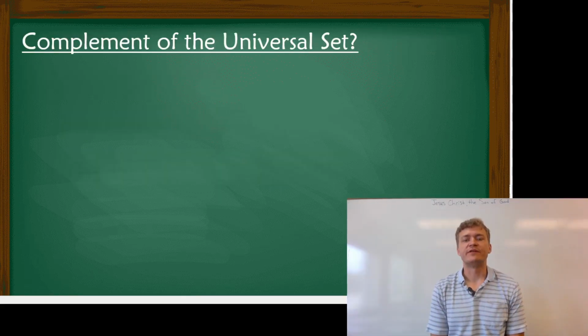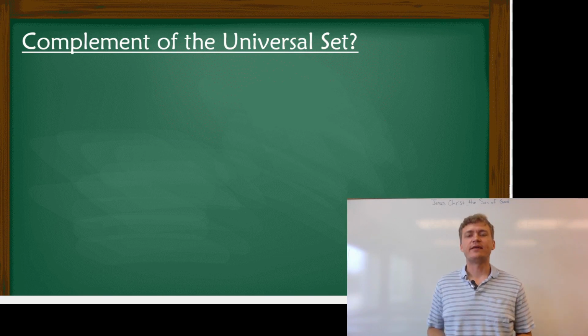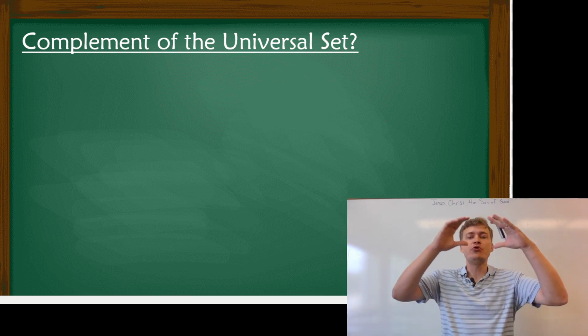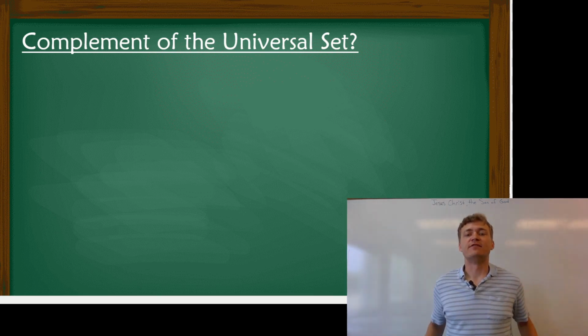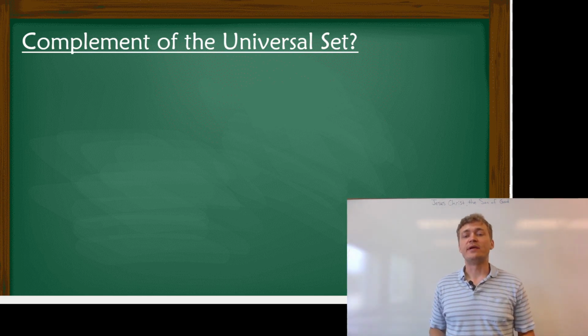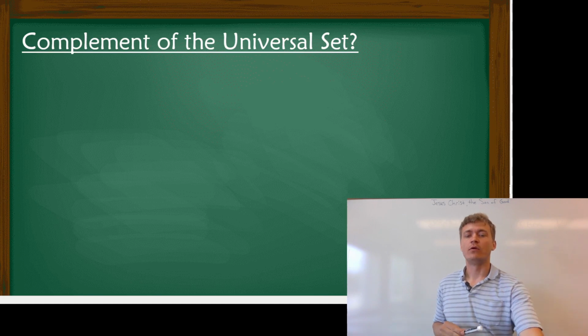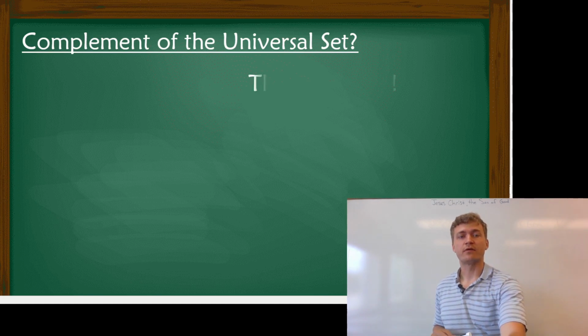Here's something interesting for us to consider: what's the complement of the universal set? Remember that the universal set consists of all elements that are being considered. So what's the complement of everything? You might guess it. The complement of everything is nothing.